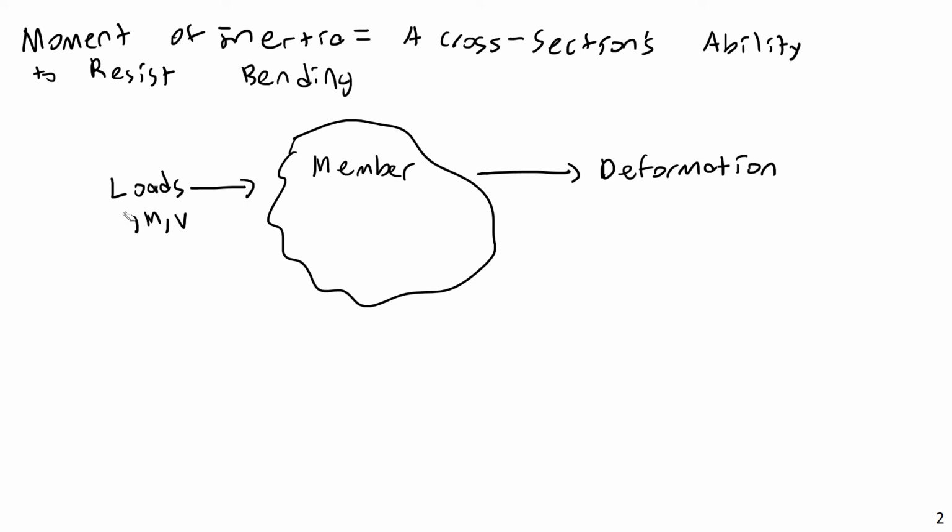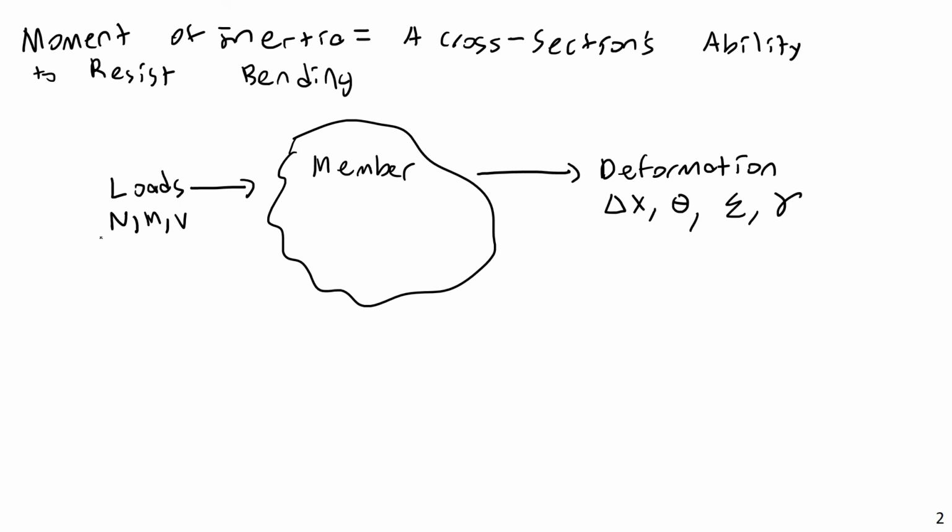I'll use N for axial force because we used that previously when looking at member internal forces. Deformation would be things like a change in length, a rotation angle theta, a strain, a shear strain, any number of things that you will see in mechanics of materials. So a member, when you impose loads on it, exhibits some sort of behavior.